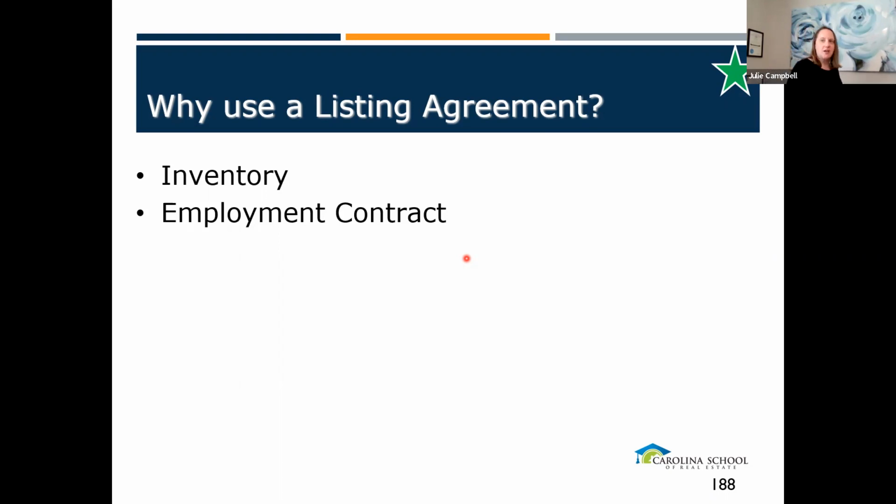Part of using these listing agreements is saying we're going to put your listing in MLS and make it available to all the agents and their buyer clients or customers. So it allows us to pull our listings together, create inventory, and help the seller sell, but also help our buyers buy.